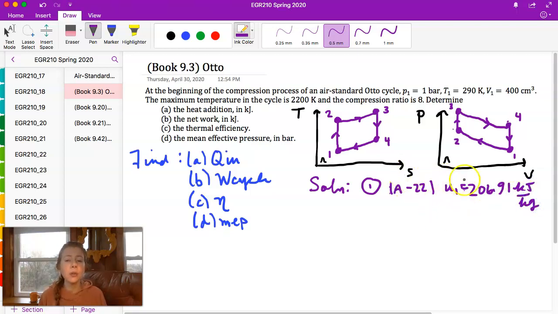And we're using U, the internal energy, because we're dealing with a piston cylinder. We're not dealing with mass flows through a turbine. So we have U1.